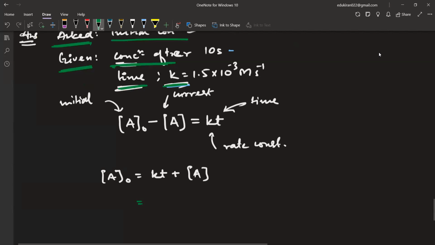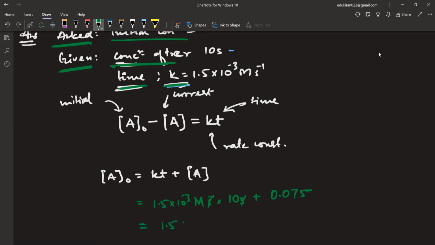A naught will be equal to, what is K? 1.5 into 10 to the power minus 3 molar per second into time, which is 10 seconds. Second and second will cancel each other. And plus we have to add the current concentration, which is 0.075, right? Now just add these things.